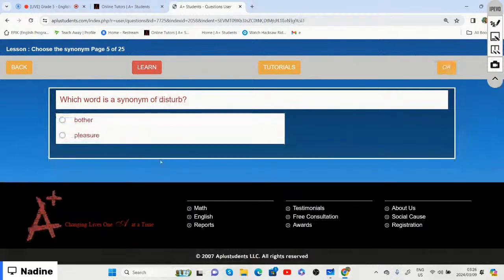All right, before we move on, let's do this one. Disturb. What is another word for disturb? Is it to bother or is it pleasure?